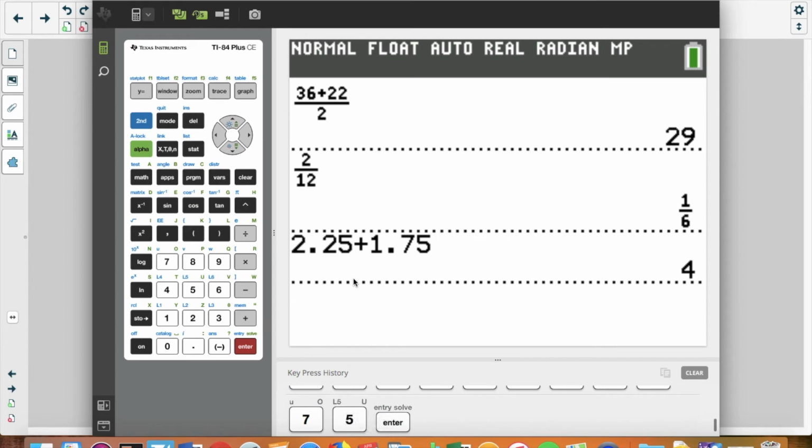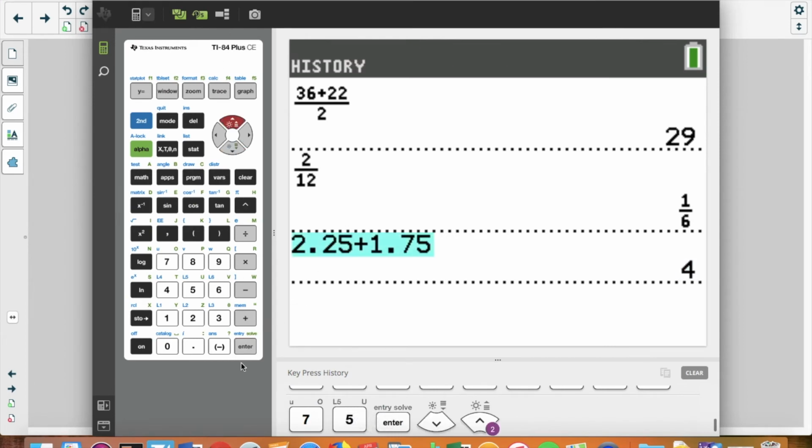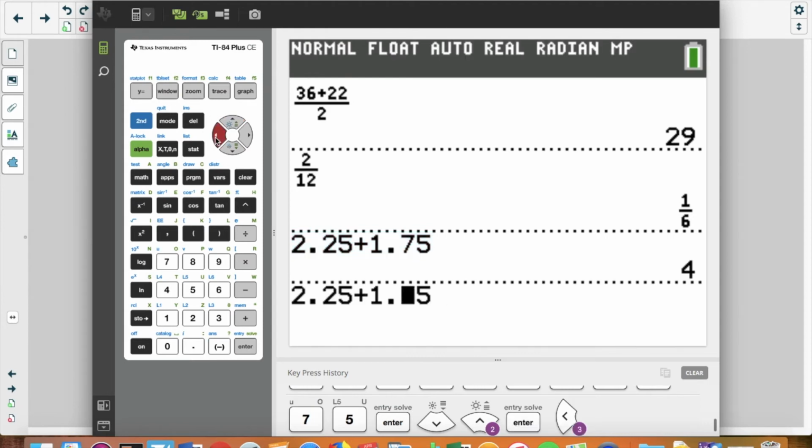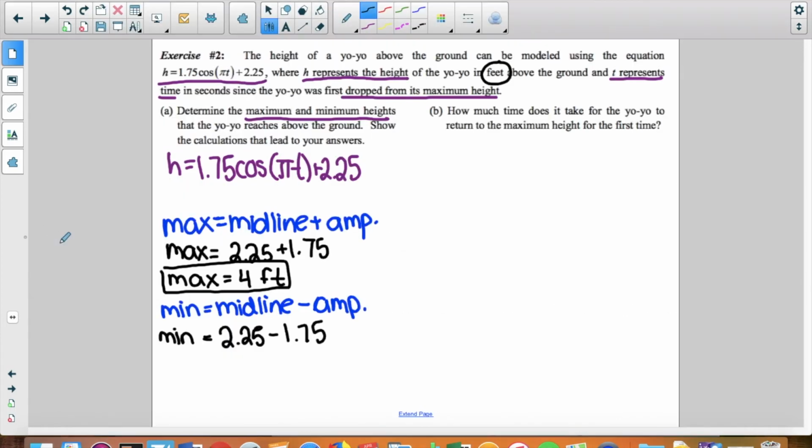Going to the calculator. Now some tricks, you can scroll over, press enter, and it'll show back up. And we change the plus to minus, and we get 0.5. So our minimum is equal to 0.5 feet. That was a horrible box. All right, so that was part A.